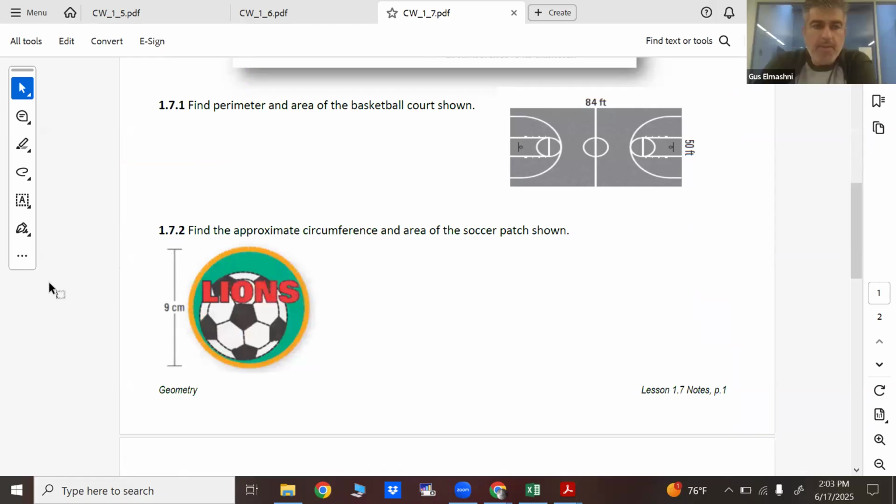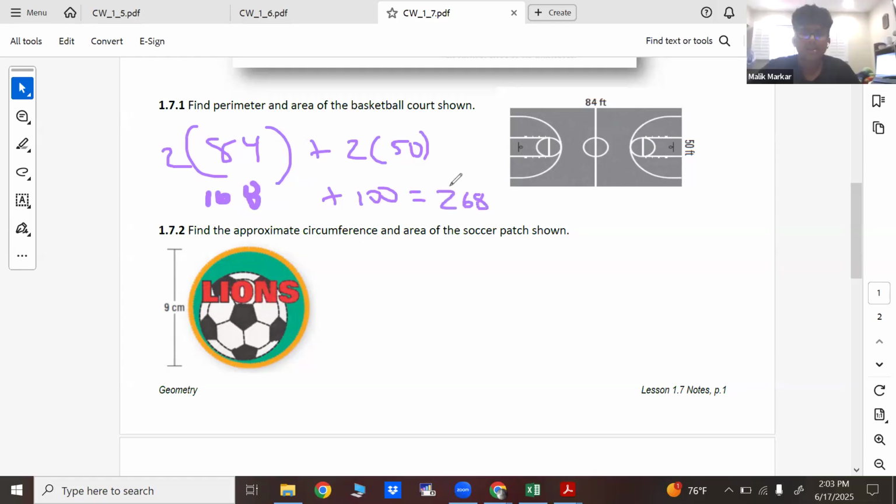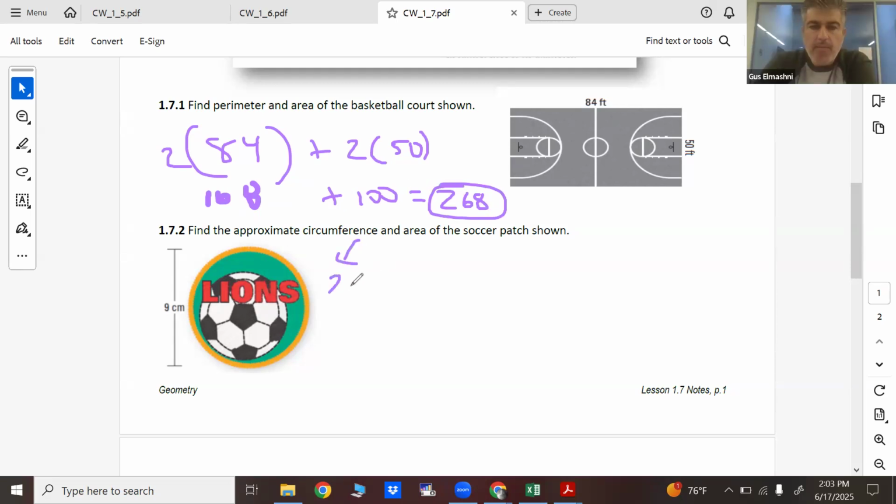So find the perimeter of this. That's easy. It's 84 times 2 plus 2 times 50. That's 168. So it's 268. Circumference is 2 pi r.